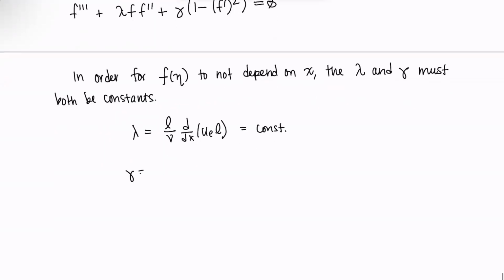And gamma, which is equal to L squared over nu dUE/dx, is also a constant.